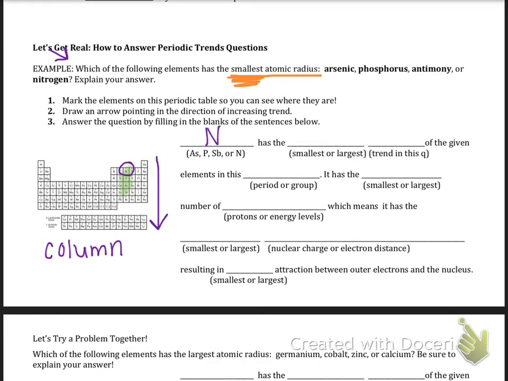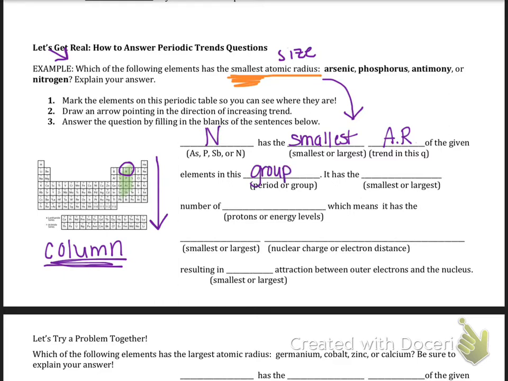Nitrogen has the, and this goes right here, and you're going to rewrite it in this little section right here. So you're going to write smallest atomic radius. Remember, atomic radius is the size. It's the smallest size between all of the other 4. Because this is a column in chemistry, you have to use the word group.